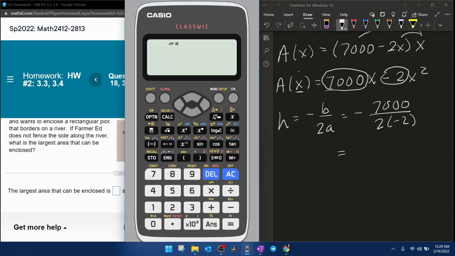Using our handy-dandy calculator, knowing that a negative and a negative make a positive, that's going to be 7,000 divided by 4, which is going to give me a value of 1,750. That is the value of h, but remember that is also the x-coordinate of the vertex.